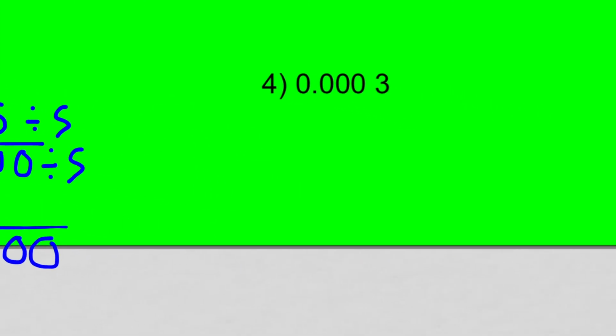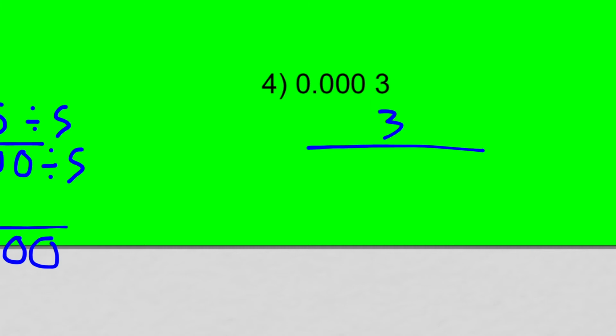The last one, I have 0 and 3 ten-thousandths. The digits behind the decimal go on top of the fraction. Once again, this is 0, 0, 0, 3, but I don't need those zeros. I just need to have the 3. That's the numerator. For the denominator, count the number of decimal spots: 1, 2, 3, 4.